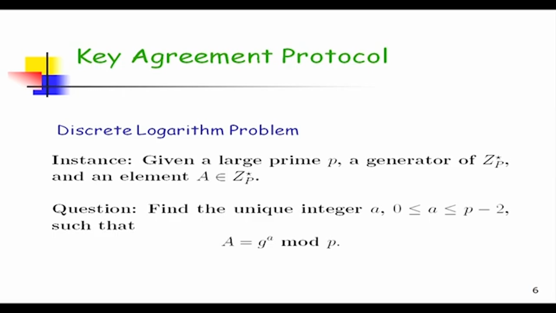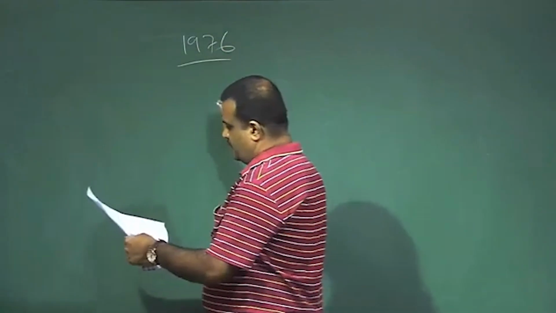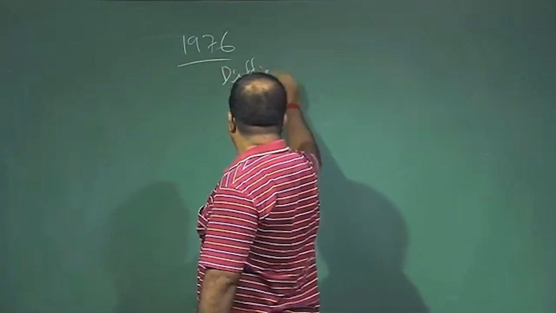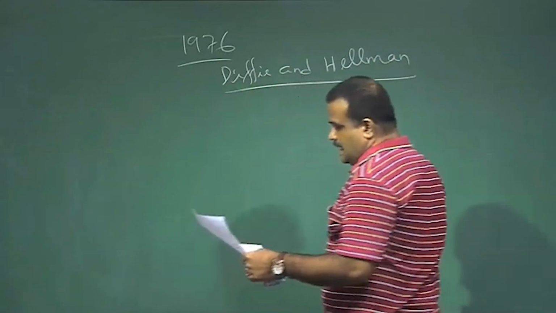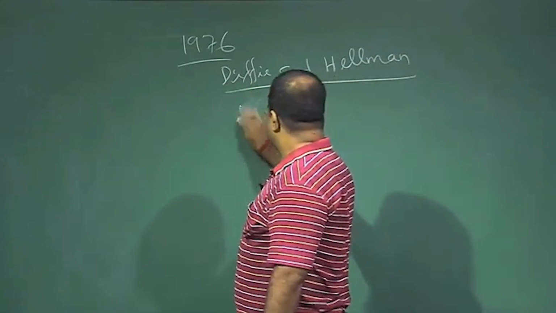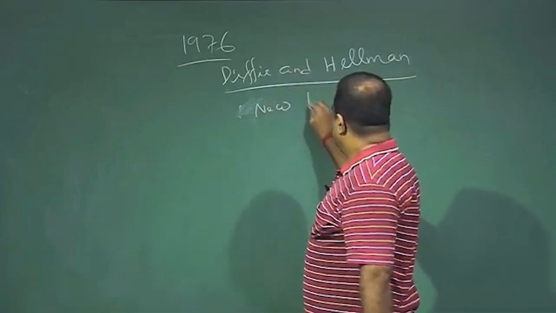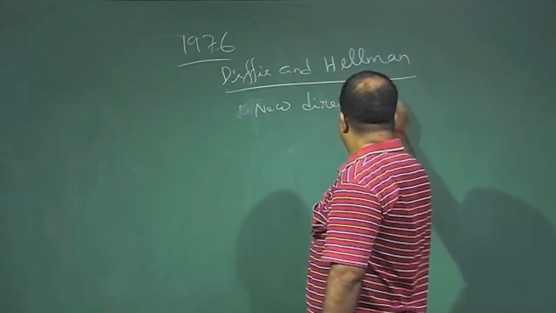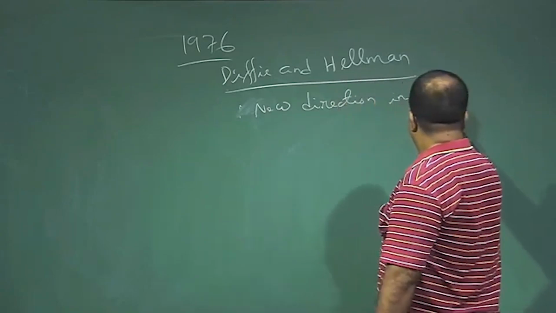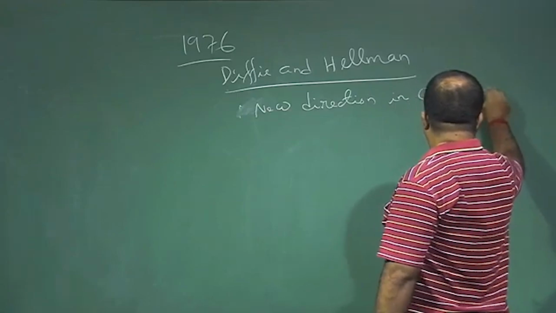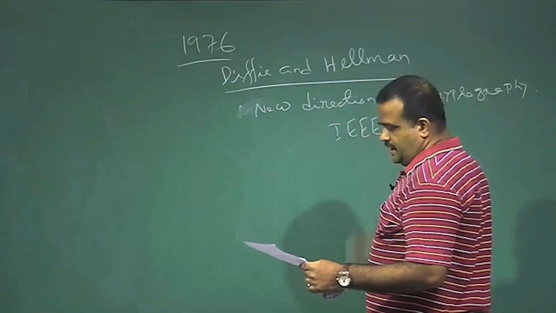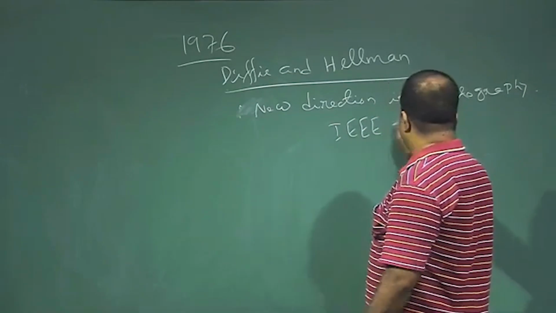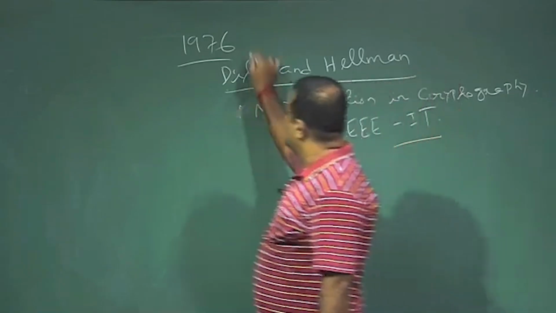This is the paper by Diffie and Hellman in 1976, named New Directions in Cryptography, published in IEEE Transactions on Information Theory, IEEE IT, in 1976.